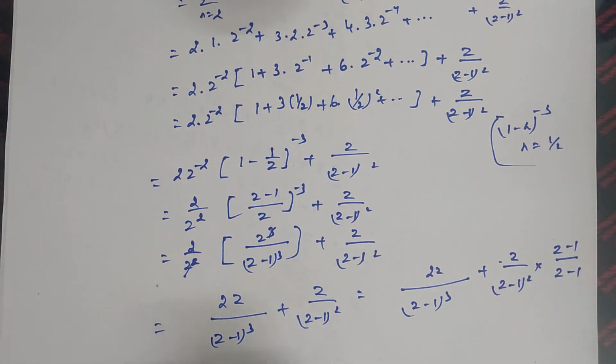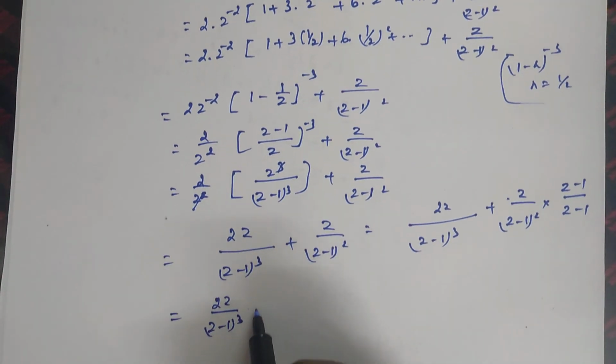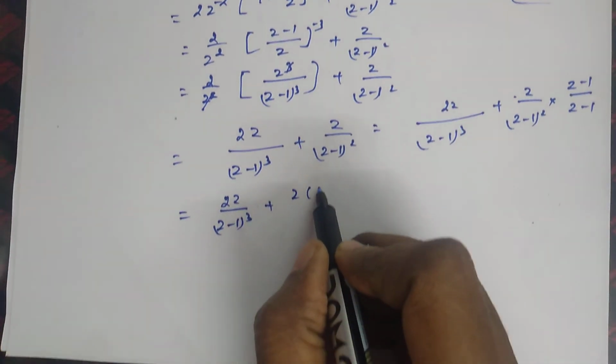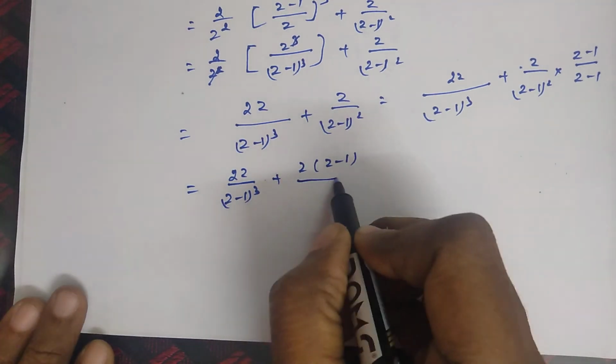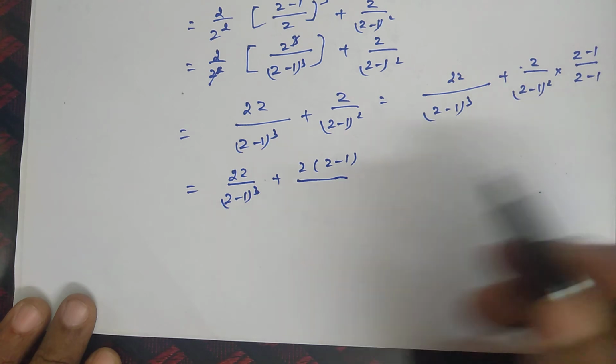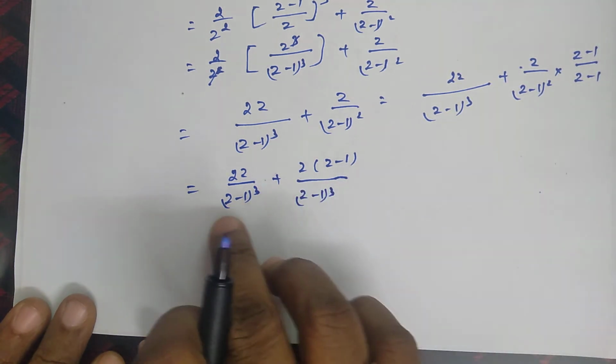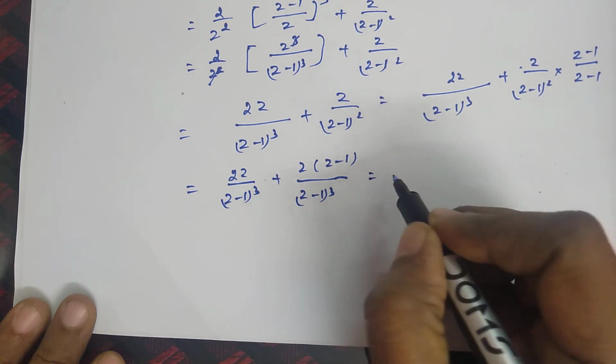So what will happen? 2z by z minus 1 the whole cube plus z into z minus 1 divided by, here already z minus 1 the whole square into z minus 1. So this will become z minus 1 the whole cube. Now in both the terms we have z minus 1 the whole cube.